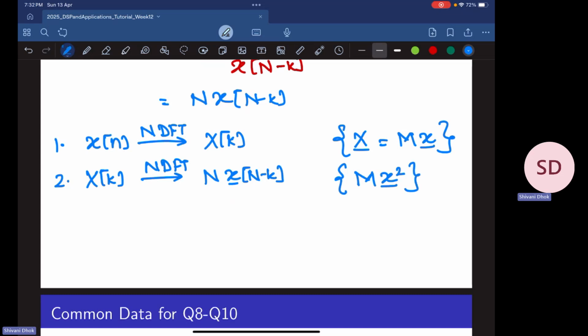Now the third one: we'll take n times x of n minus k, and we will find the n-point DFT of this thing.